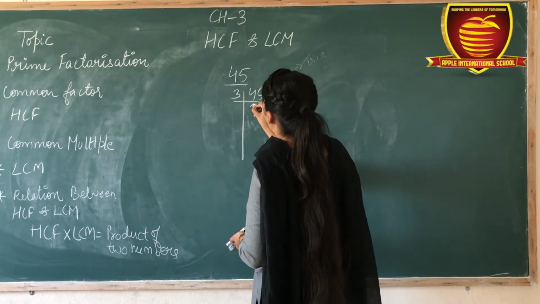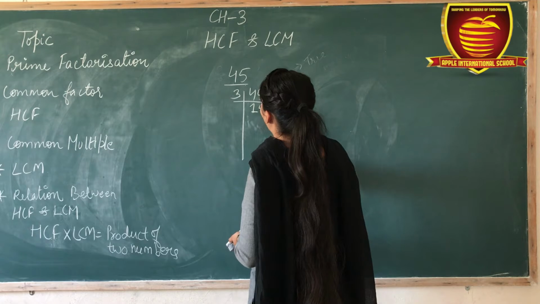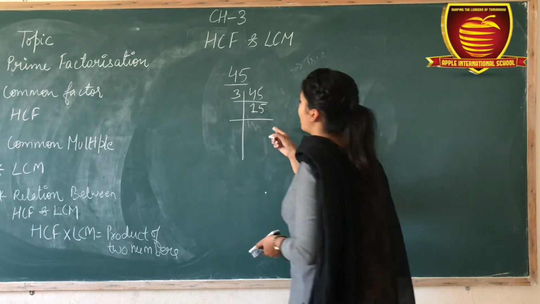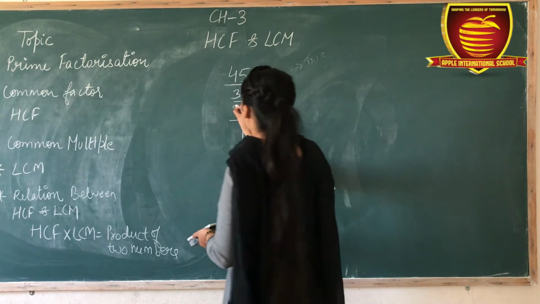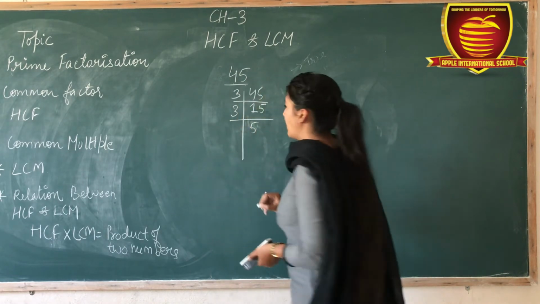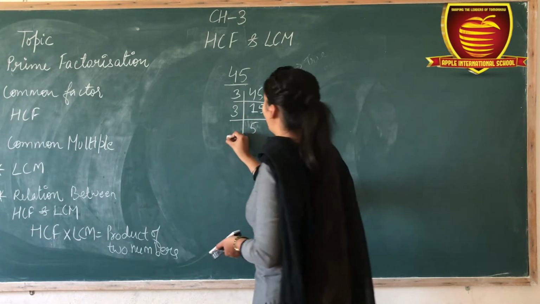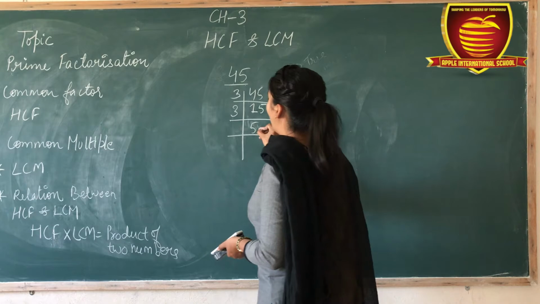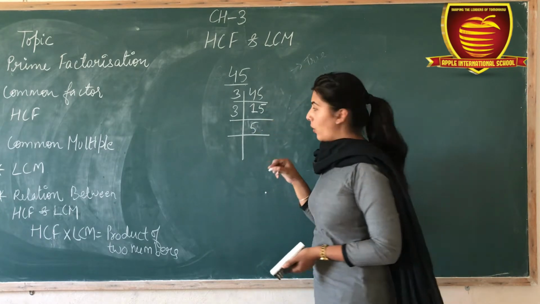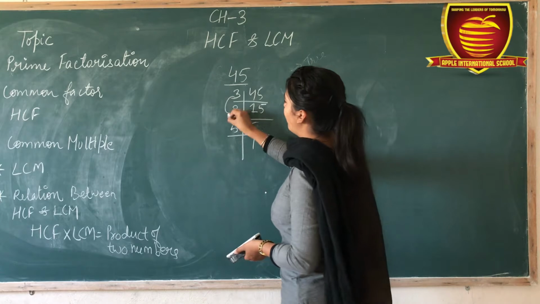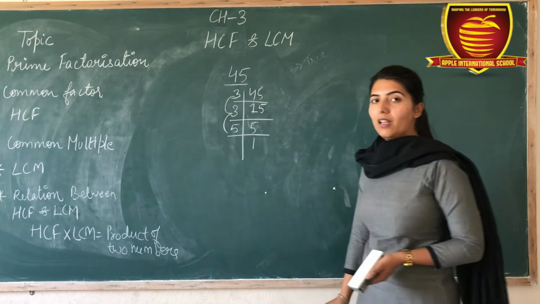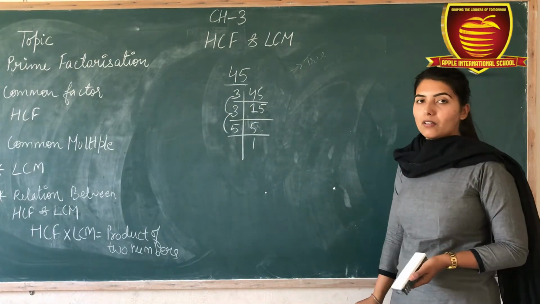Yes, at what place? 15. Next, is 15 divisible by 3? Yes, at which place? 5. Now, is 5 divisible by 3? No. Then 5 ones are 5. So these are the prime factors.